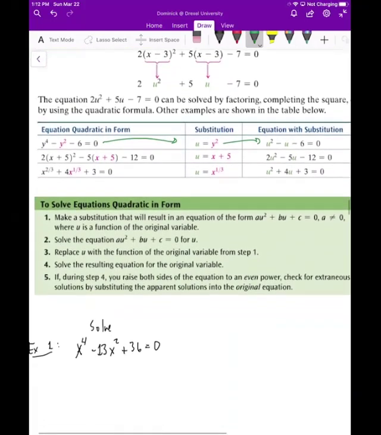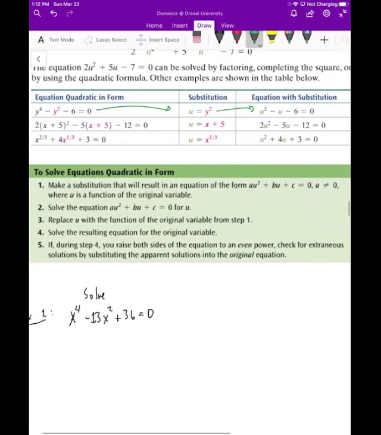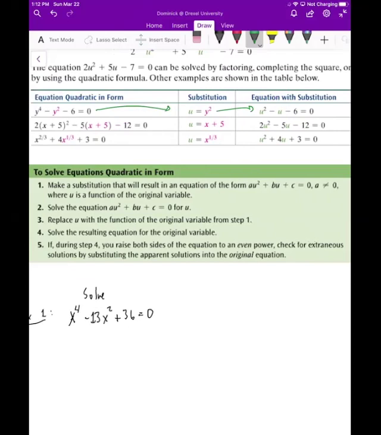So how do we solve an equation that we can make in quadratic form? Well, the first thing you do is make the substitution that will make that happen. And usually, whatever the middle term is, the middle power variable expression, is what you're going to make u.